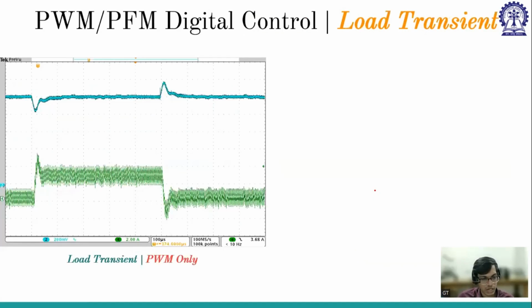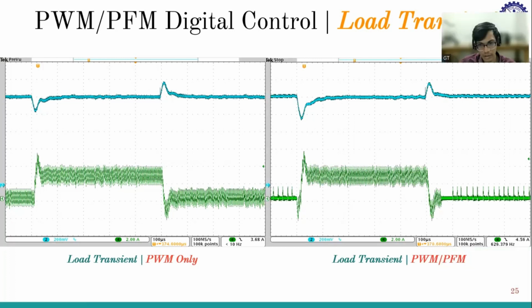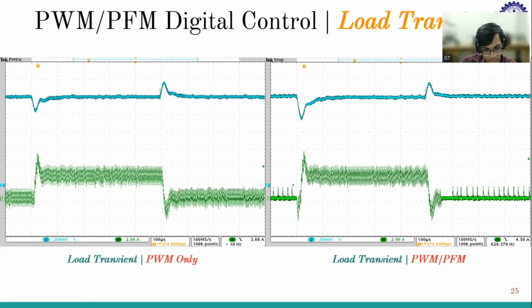If we consider the load transient, this part is only PWM. At light load also we are operating in PWM operation, and this is PFM operation. Again, the same things we discussed in PWM PSM are happening. In the first case, current is going in the negative direction because V error is less than 0, because of which Kp times V error is less than 0, because of which Ncon is less than 0.